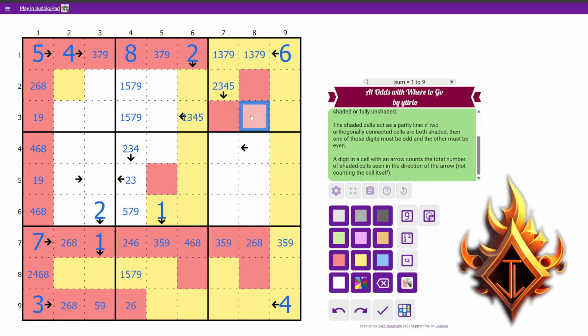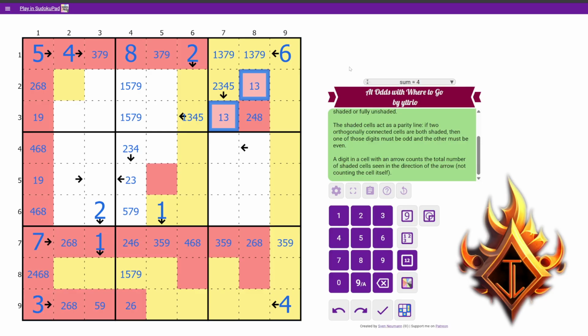This one, it is diagonal of a 2. It is even. 2, 4, 8. These 2 are odd. Oh, they can be anything still.